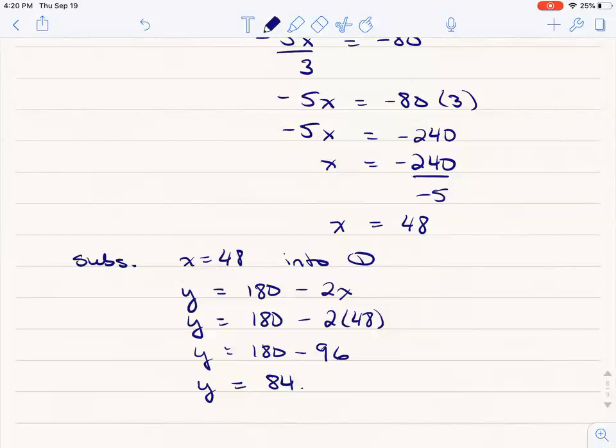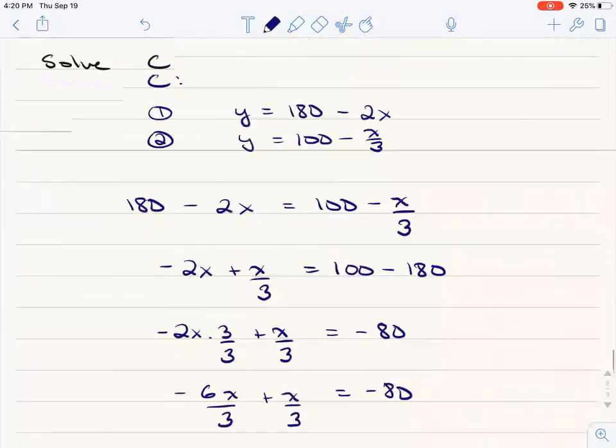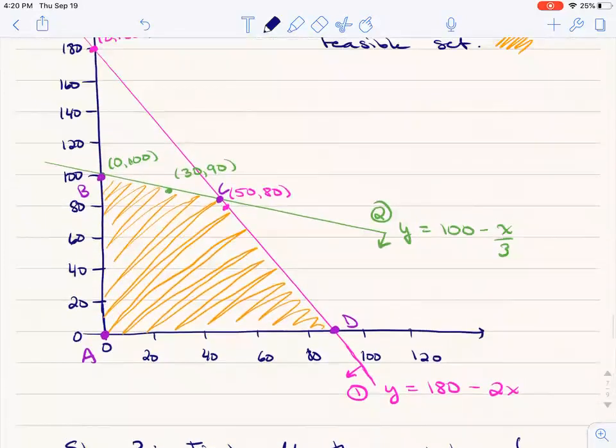So now we know that this point of intersection is when x is 48 and y is 84. It's always a good idea to check your graph to make sure that that makes sense, right? And so let's just check our graph. So we're saying at this point, x is 48, sure, right? And y is 84, sure, right?